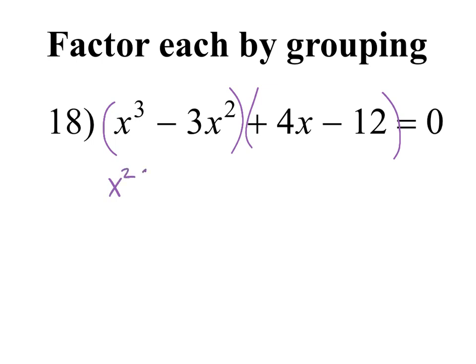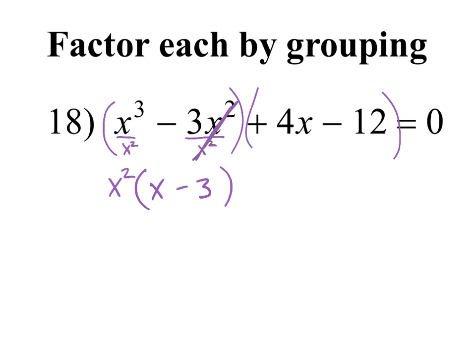So if we take out x to the second power, we're dividing both of these by x squared. What are we left with? Awesome, x minus 3. So if we had 3 x's and we took 2 away, we're just left with 1, and then here our x squareds cancel out.